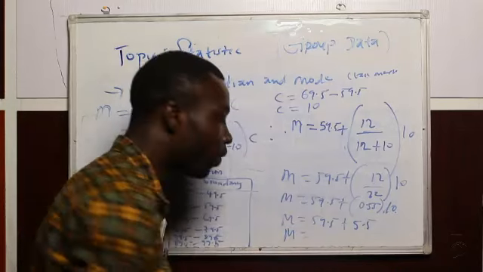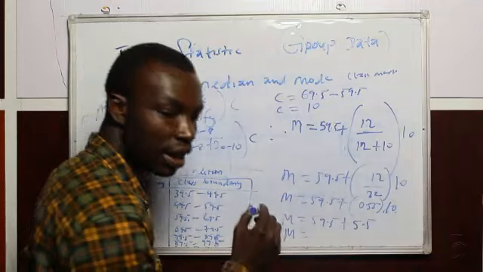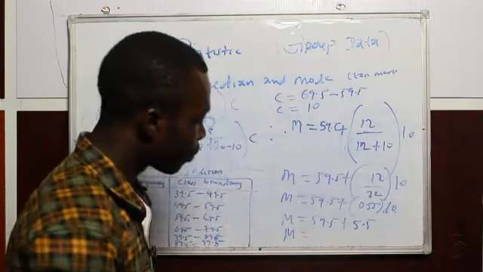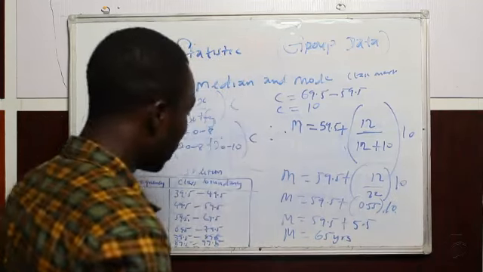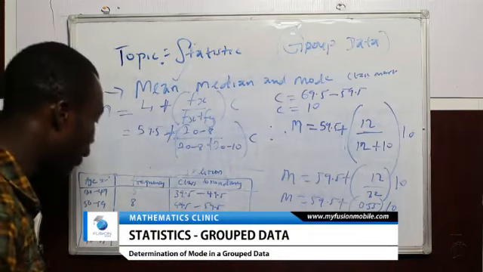Our M is equal to 59.5 plus 5.5, which is 65 years. Then our mode now is 65 years.